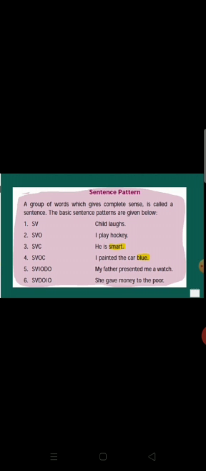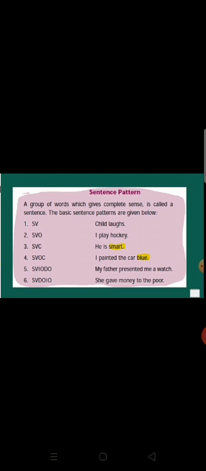English sentences have a lot of patterns. Today we are going to learn 6 patterns: SV, SVO, SVC, SVOC, SVIODO, SVDOIO.